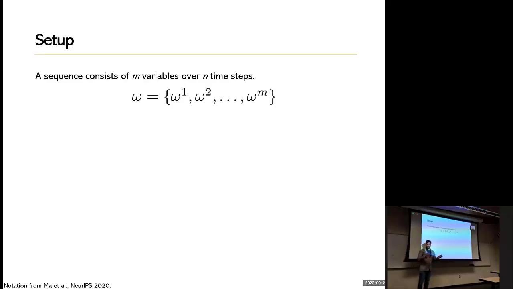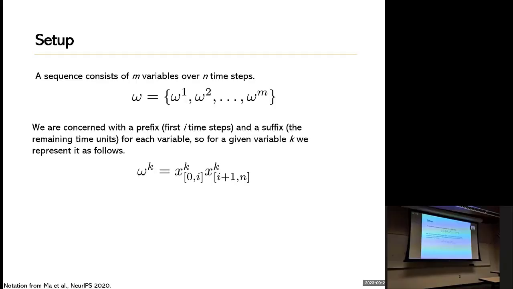The additional operators allow you to judge something at time 1 versus time 3, if those go together, and so forth. So you have sequences of m variables over n time steps. Then they have prefixes and suffixes, where the prefix is basically your input sample, and you want your model to generate some kind of output.